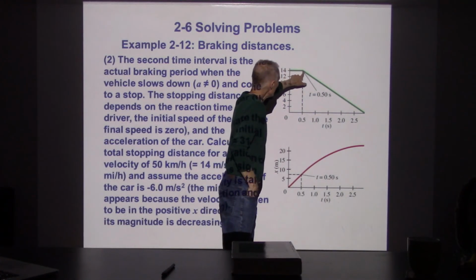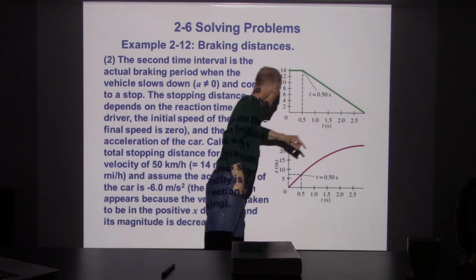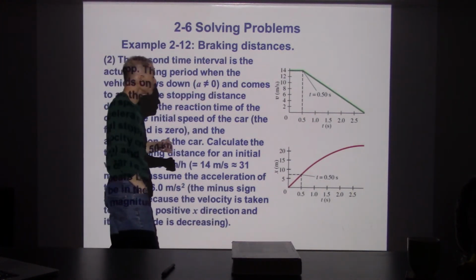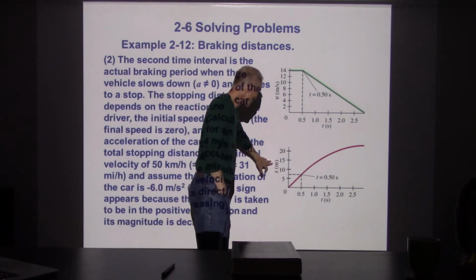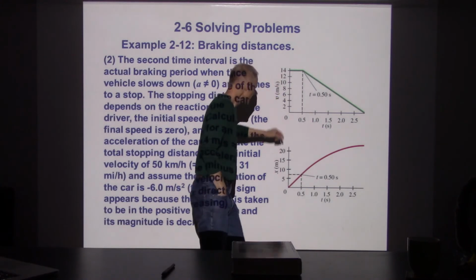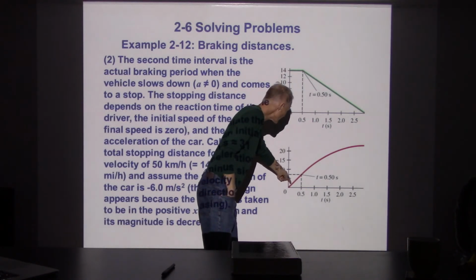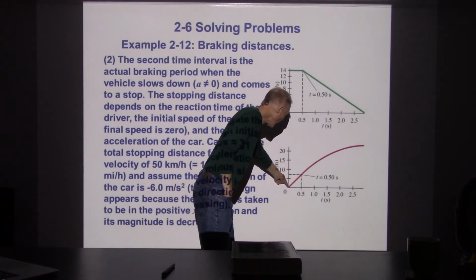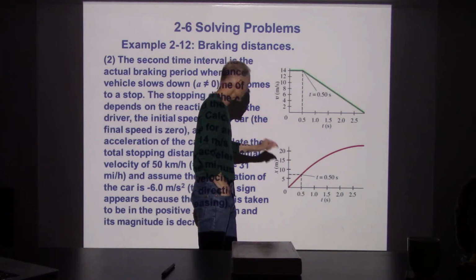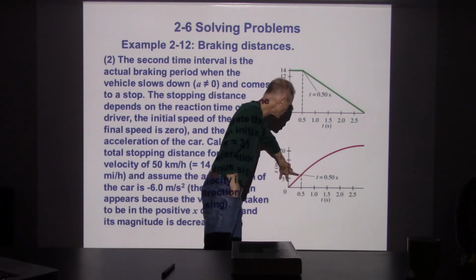So there's going to be a deceleration taking place here, and that's what v is going to look like as a function of time. Now x, on the other hand, if I have a constant velocity, that means that x is going to be a straight line with a slope of v, 14 meters per second, for the first half second. So that portion is a straight line.